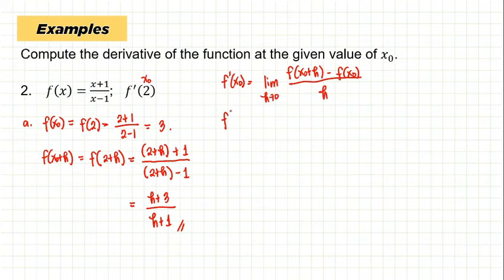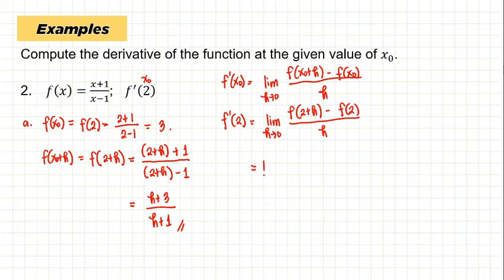So from that, we will have f prime of 2 is equal to the limit of f of 2 plus h minus f of 2 all over h as h approaches 0. So from that, substituting, f of 2 plus h is just equal to h plus 3 all over h plus 1. So we have h plus 3 all over h plus 1, minus f of 2, which is equal to 3.